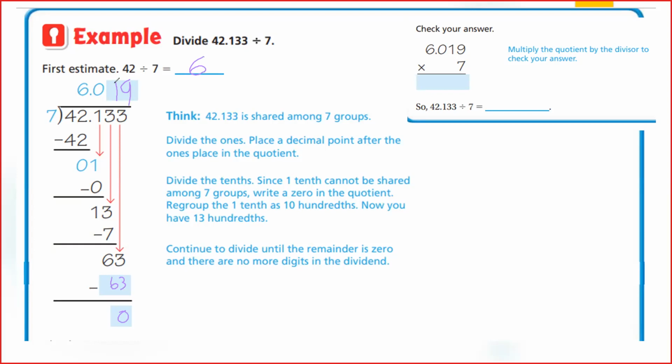And then, as we said, in order to check my answer, I need to multiply 7 by the quotient. 7 times 9 is 63. 7 times 1, 7 plus 6, 13. 7 times 0, 0 plus 1, 1. 7 times 6, 42. And then count 1, 2, 3 decimals, 1, 2, 3. So the answer is 42.133. That is my dividend.